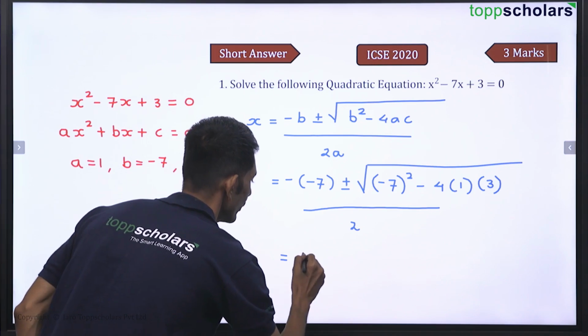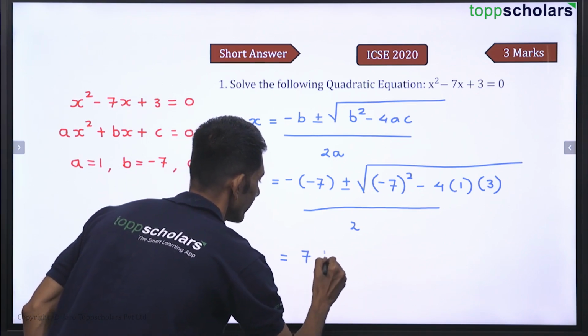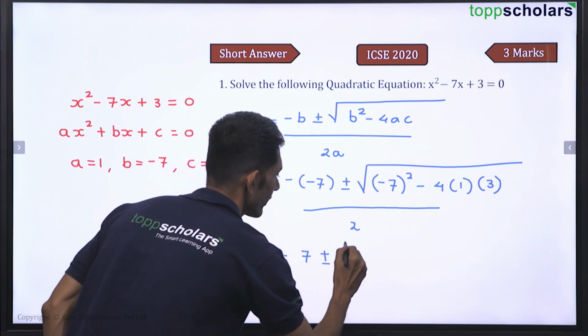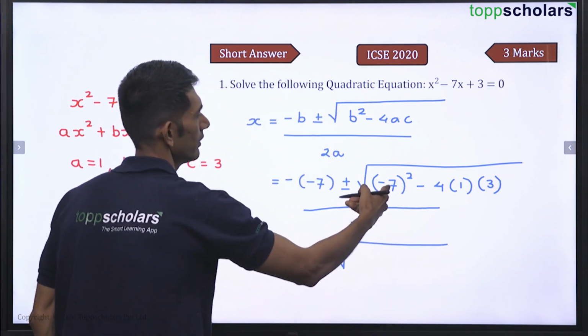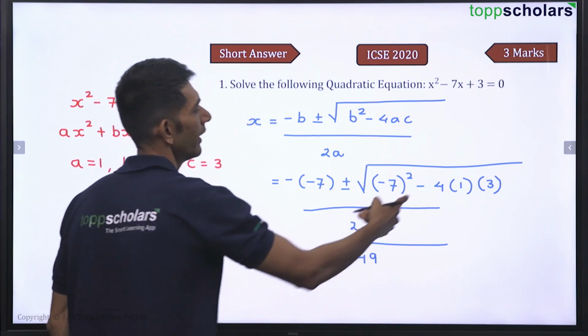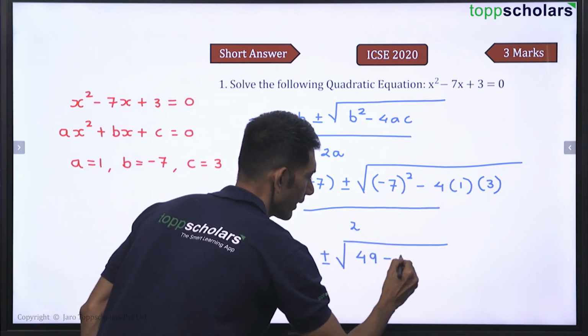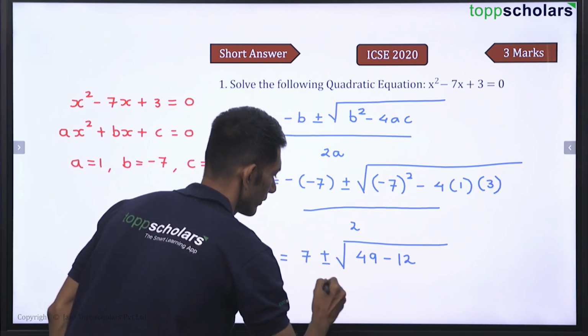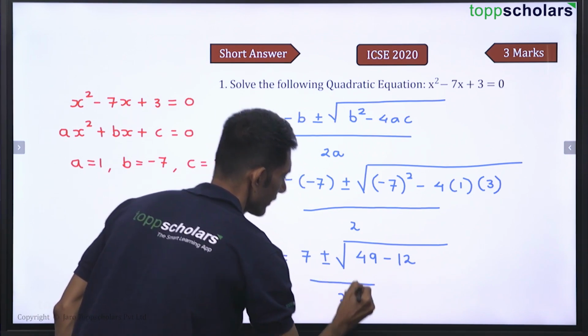So that gives you minus minus plus 7 plus or minus under root 7 square is 49, and 4 3s are 12, so minus 12, divided by 2.